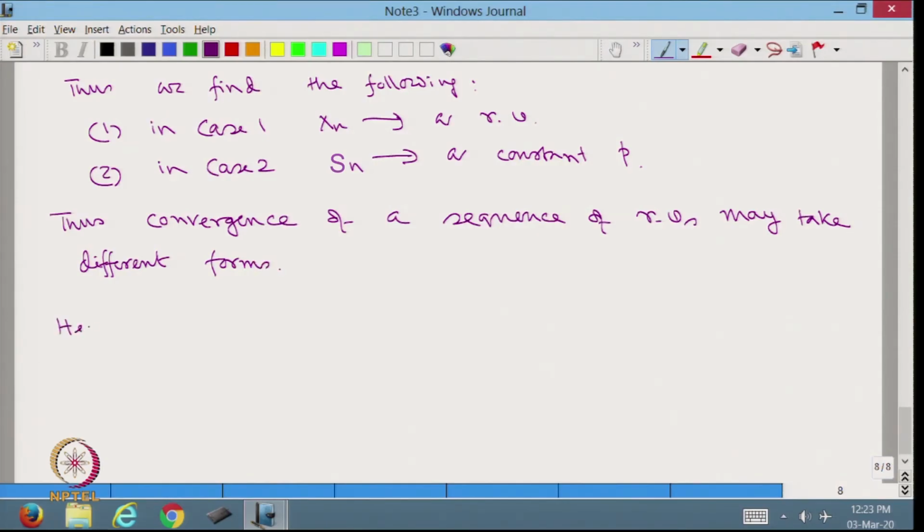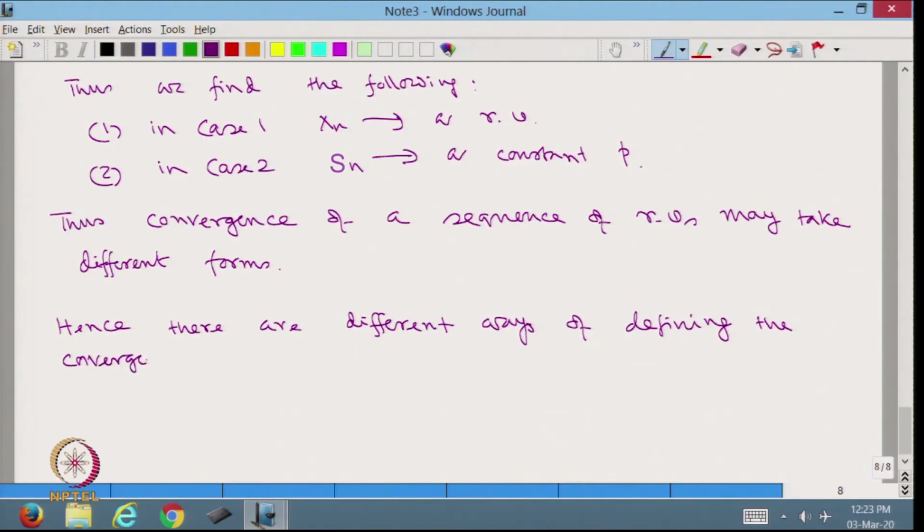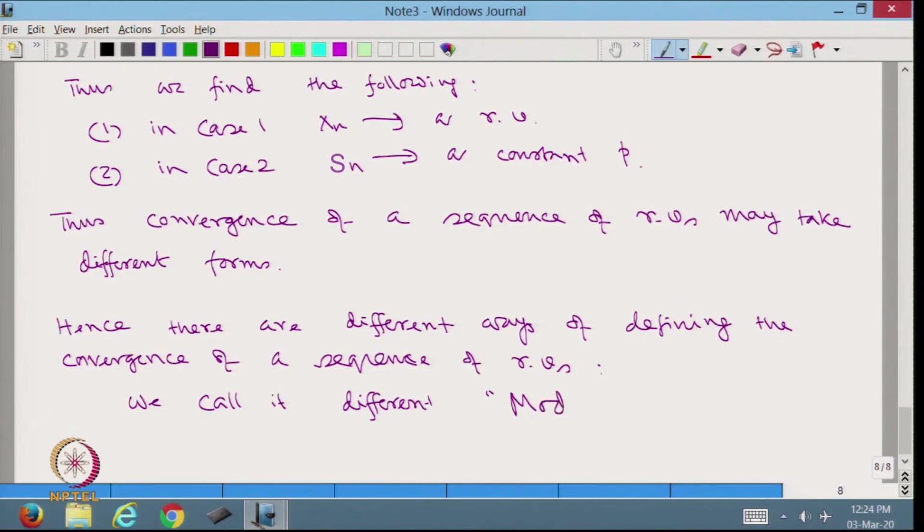Hence, there are different ways of defining the convergence of a sequence of random variables, or in other words, we call it different modes of convergence.